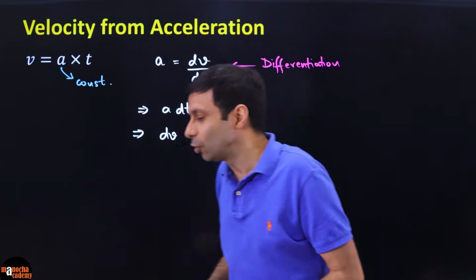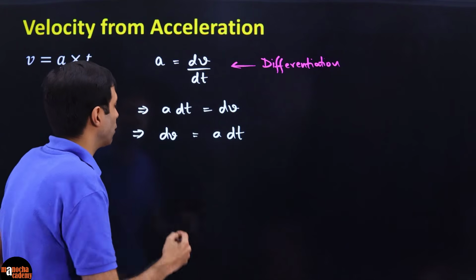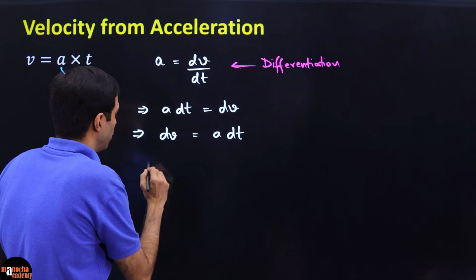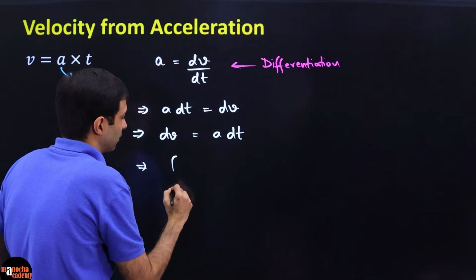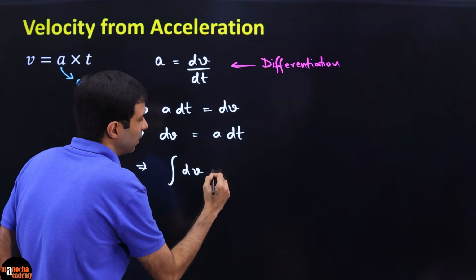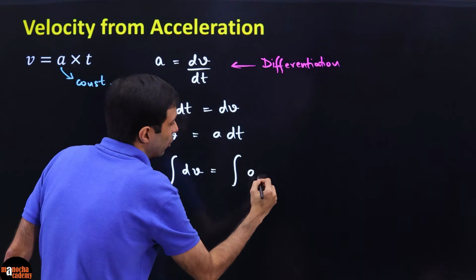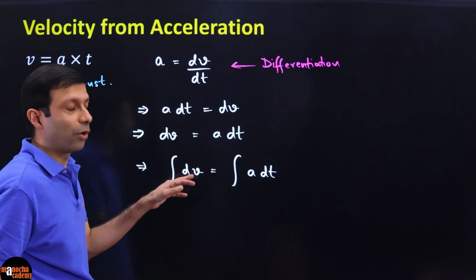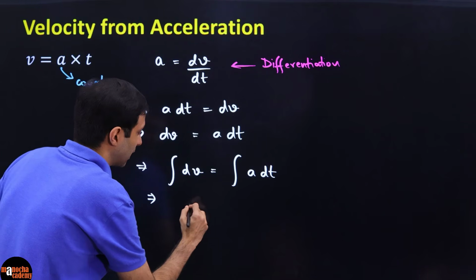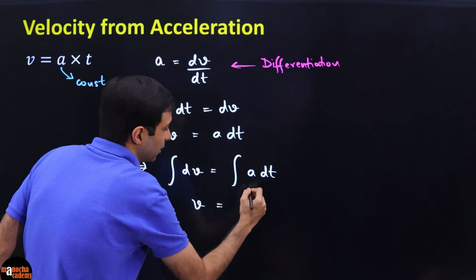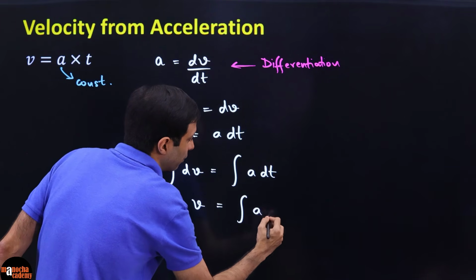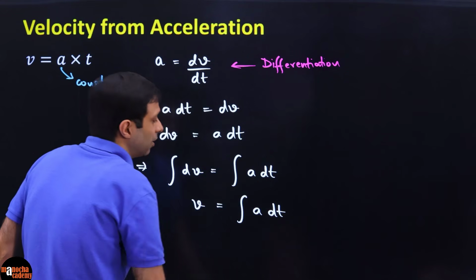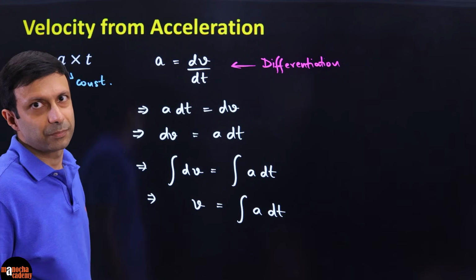So if you want to calculate velocity from acceleration, you need to integrate both sides of the equation. So on integrating both sides, the integral of dv will give you the velocity. That's our goal here. And this will be the integration of acceleration times dt.